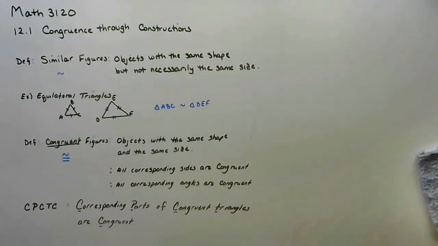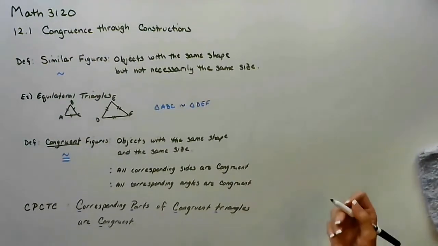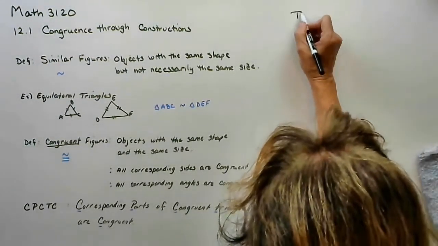So what I'd like to do first is let's take a look at some triangle congruence. Let's look at a figure or two. Let's list the corresponding parts before we start looking at specific theorems. So let's take a look at some triangle congruence.